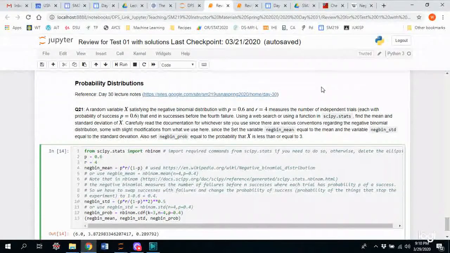So our goal in this question is to find the mean and standard deviation of x, mostly by looking it up online. This can be a pretty confusing kind of thing to do, though.